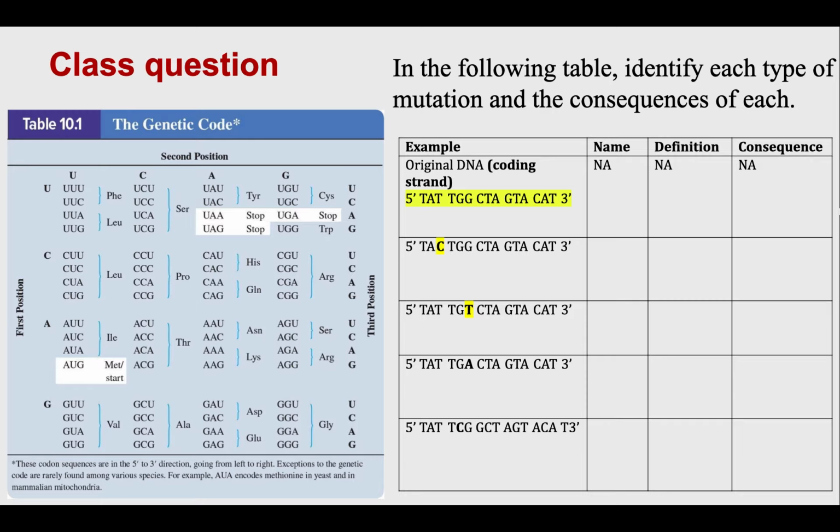TAT. What amino acid would that code for in RNA? Yeah, AUA. So this ILE molecule here. If it's ILE, and then all of a sudden we're changing it to what amino acid?